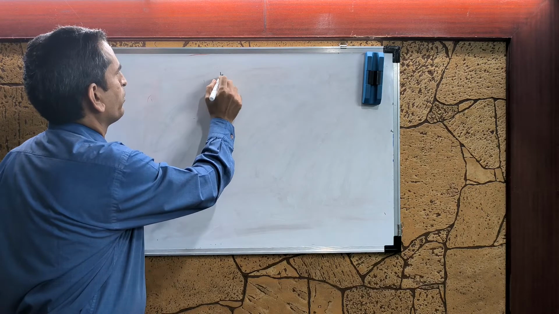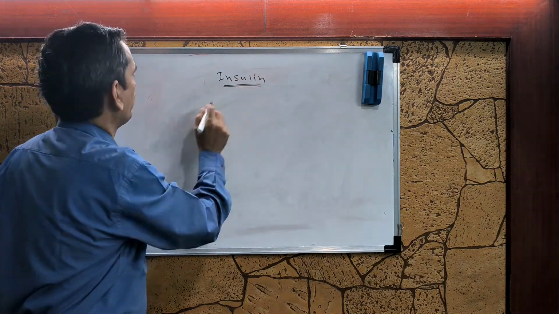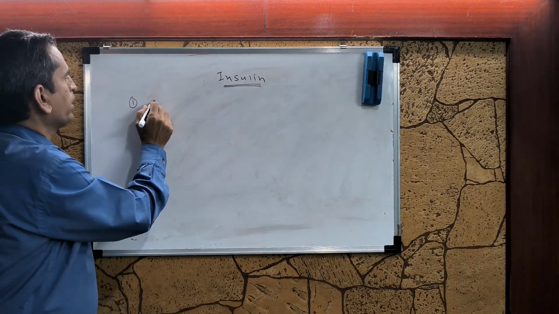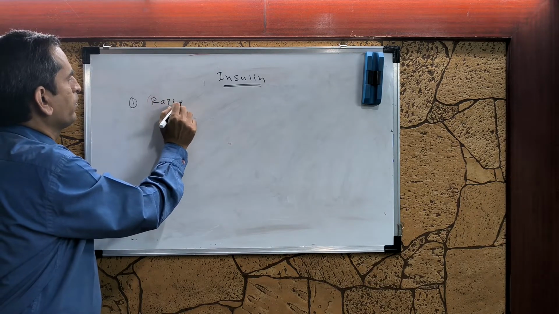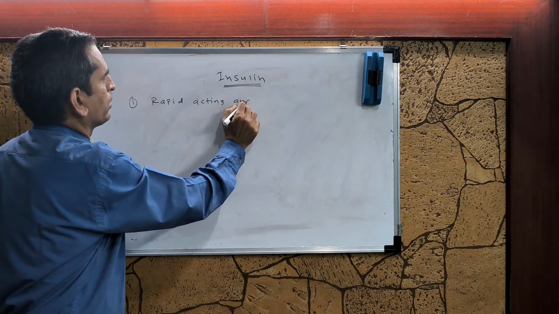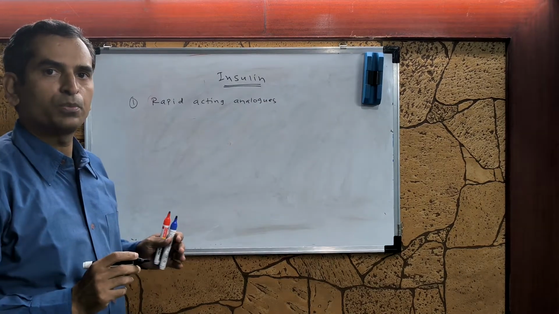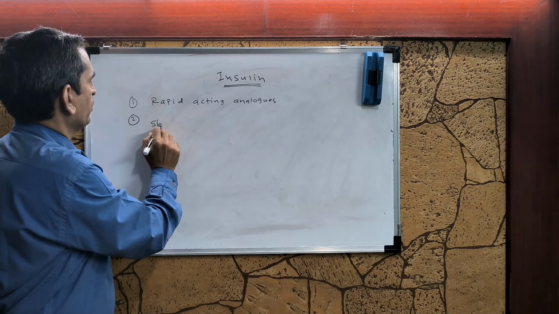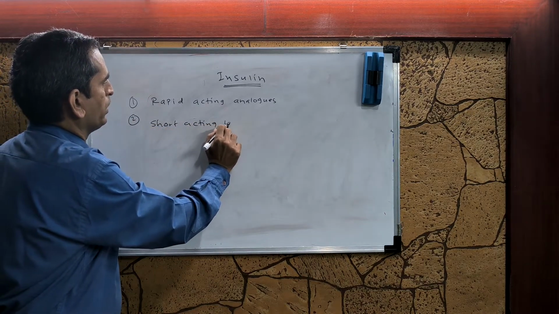Broadly, the first category of insulin preparation is the rapid acting analogs of insulin. Second, short acting insulin.